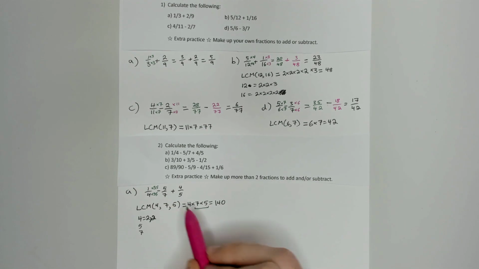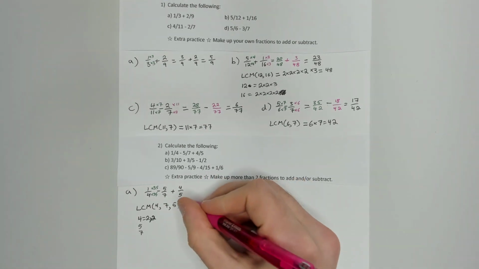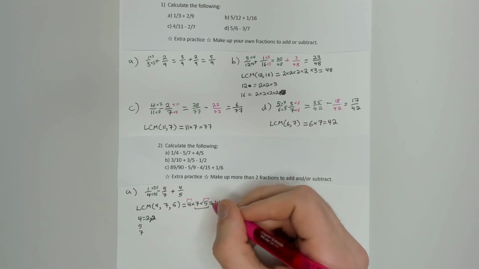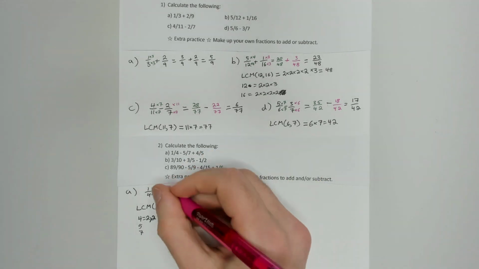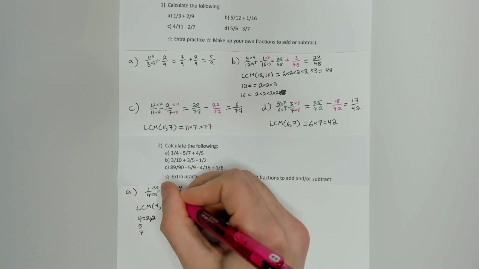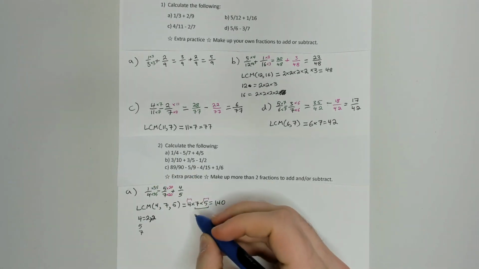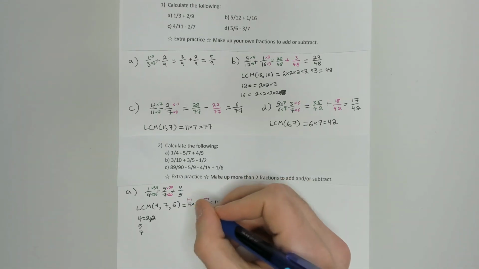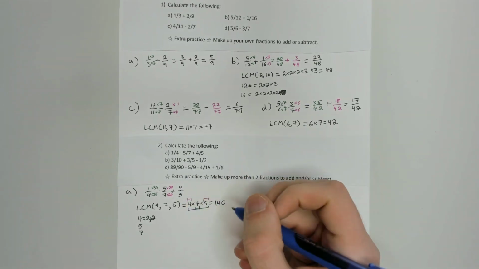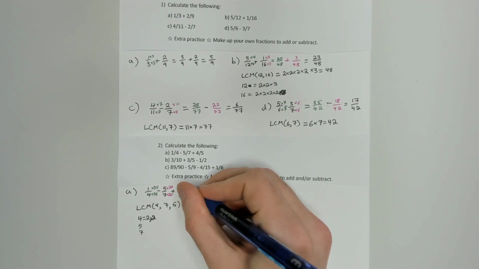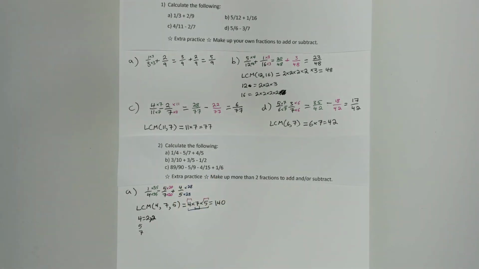Next up, to get 7 to 140, well, 7 times this 4 and 5 give us 140, so the 4 and 5 are 20, so 7 times 20 is 140, so that is what we need to multiply the numerator and denominator of our next fraction by. And then for our last fraction here, we have a 5, so this 5 is multiplying this 4 and 7, which is 28, so that's what we're going to need to multiply the numerator and denominator of our last fraction by.